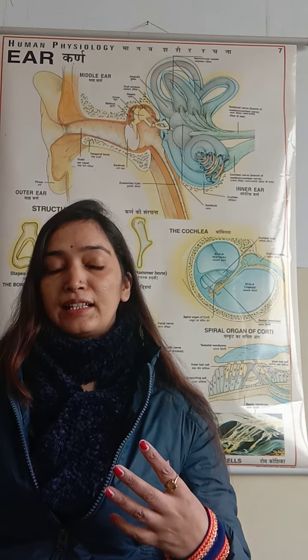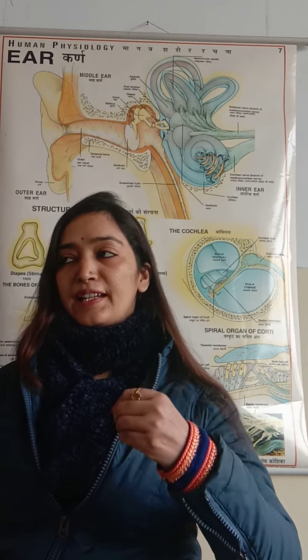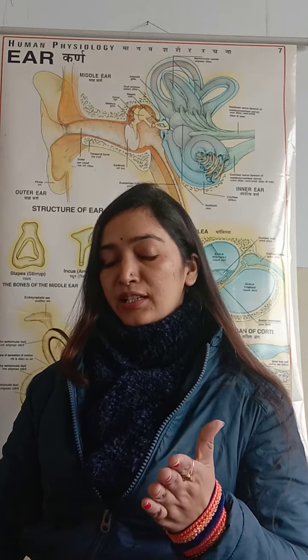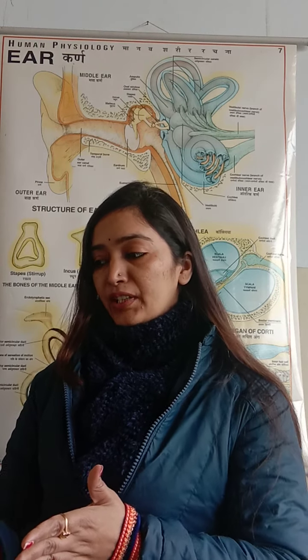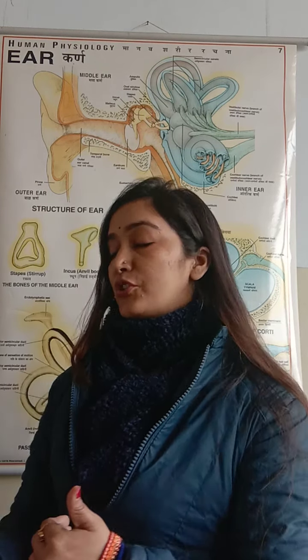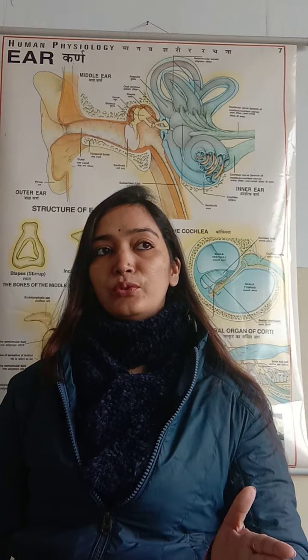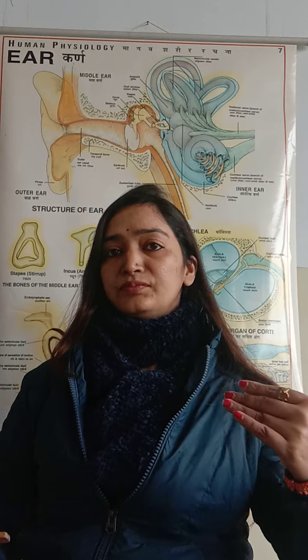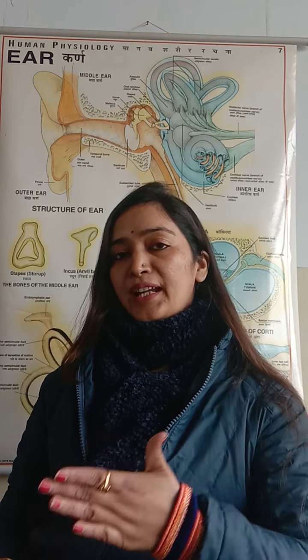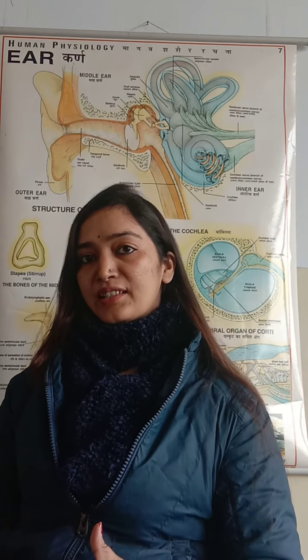Sometimes you feel that whenever we put some drops in our eyes or ear, they come into our throat. That is because all three are connected through the Eustachian tube, and this Eustachian tube is important to maintain the pressure outside the eardrum and inside it, to maintain the structure.